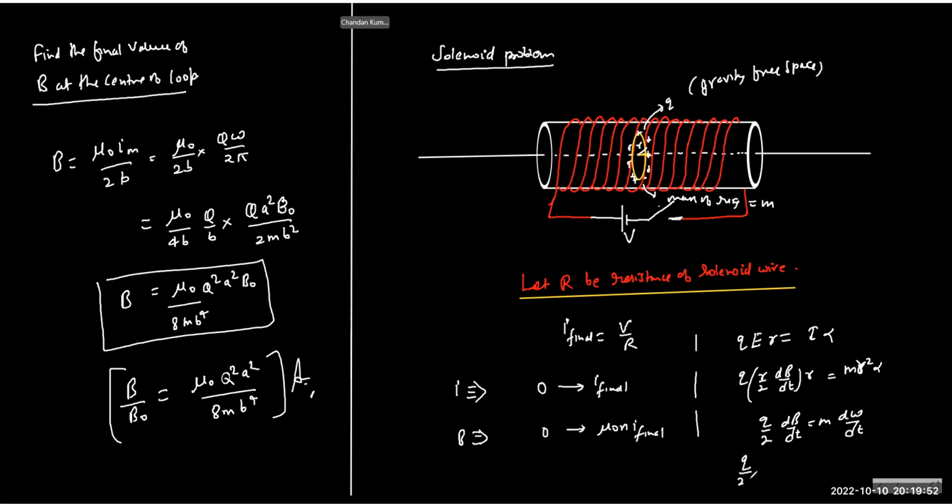So Q by 2m, and now you can integrate. So 0 to B naught and this is 0 to omega.